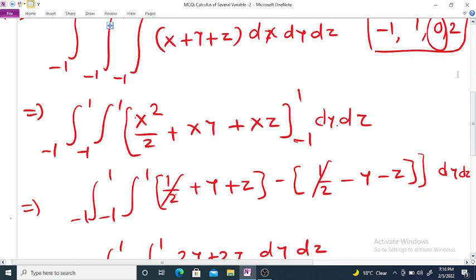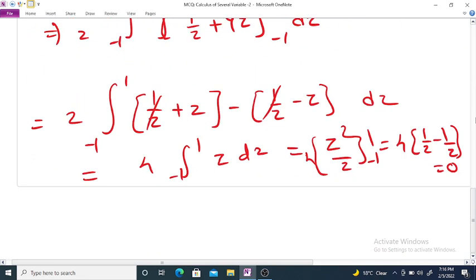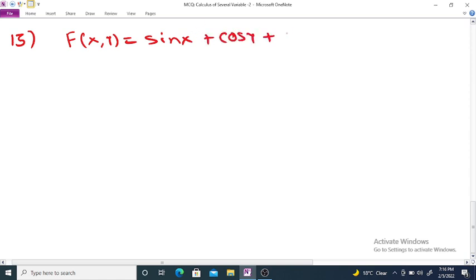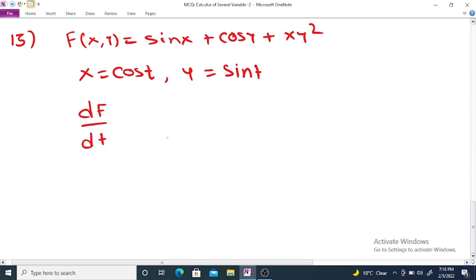Example number 13: if f of x, y is equal to sin x plus cos y plus xy square, and x is equal to cos t, y is equal to sin t, find the value of df by dt at t is equal to pi by 2.